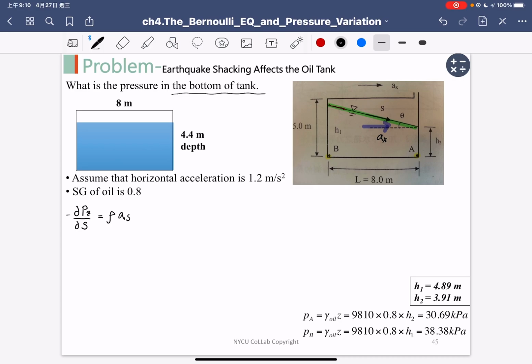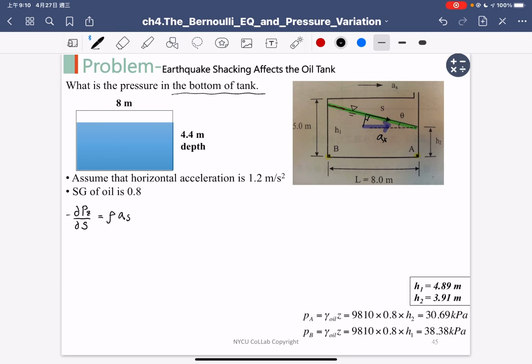In our question, we already know the horizontal acceleration, so we need to project the AX to the straight line direction. We know the theta angle in here. So we draw the vertical line and project the AX to the straight line direction.